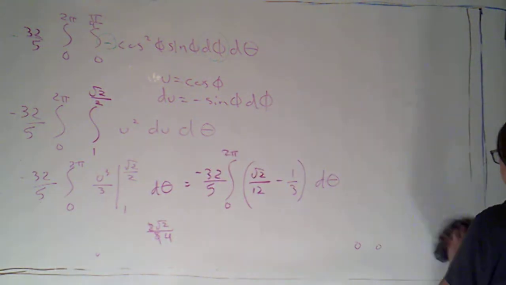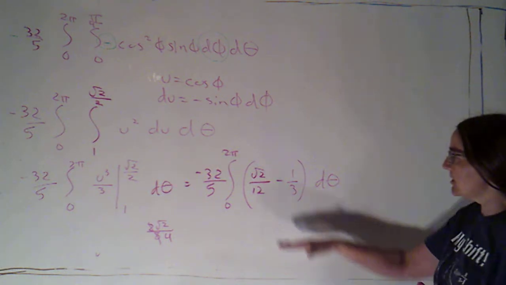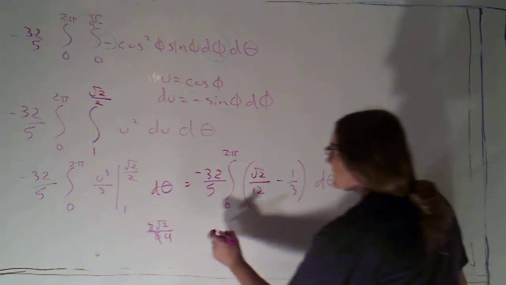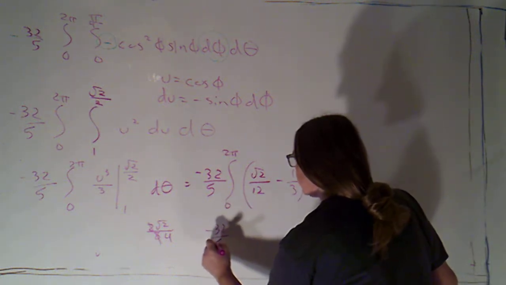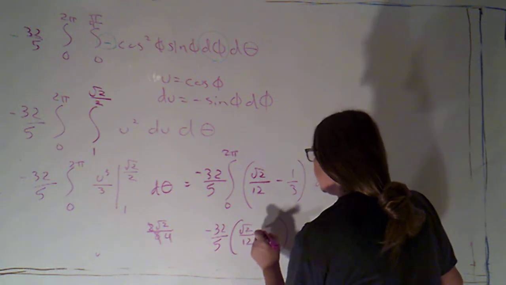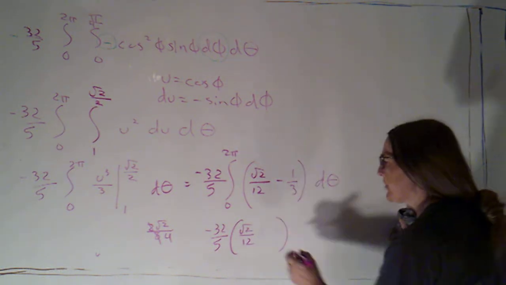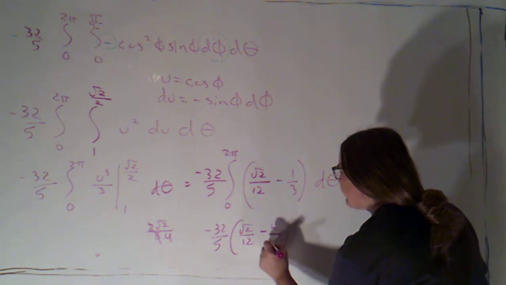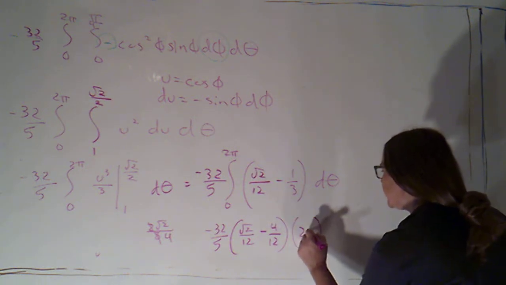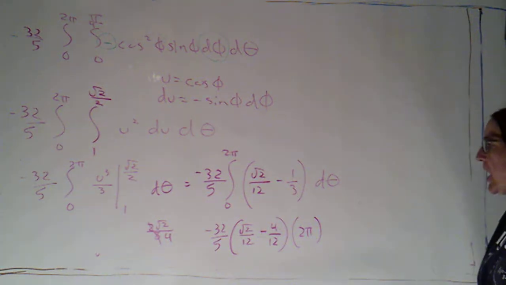And then we've still got to integrate that with respect to theta. But notice my integrand now is just a constant. And when I integrate a constant, I get that constant times the length of the interval. So we're going to have negative 32 fifths times root 2 over 12 minus 1/3. I think I'm just going to write that as minus 4 over 12, okay, times the length of the interval, which is 2 pi.